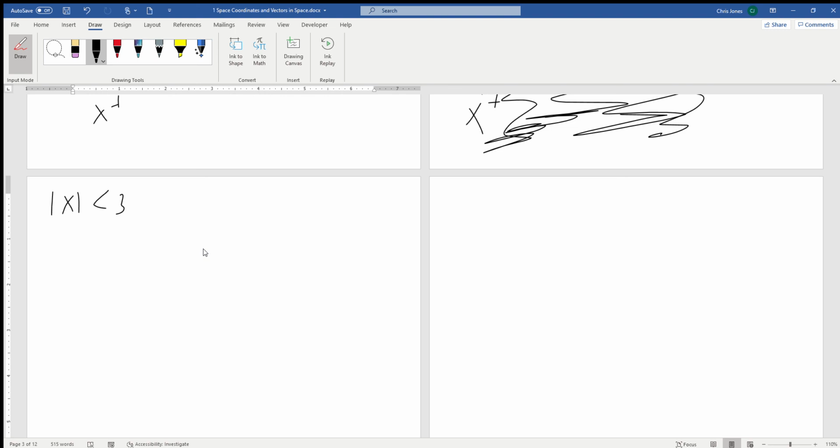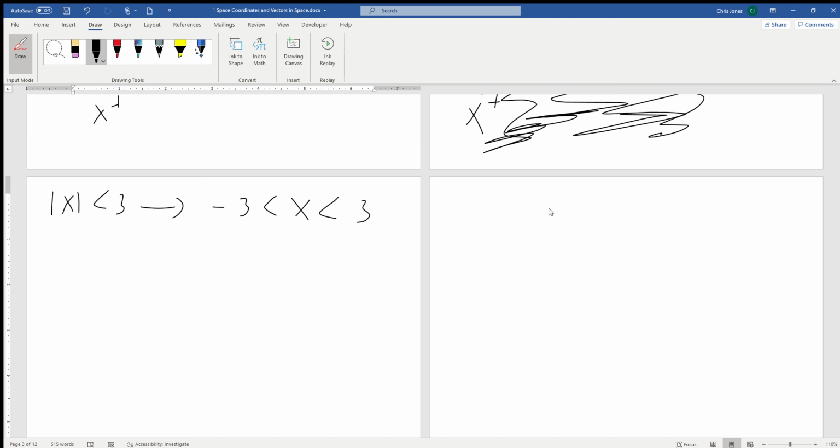Now, this means we have to be careful with this because this can be written as an inequality. So what this really means, if I was to remove the absolute value brackets, is that -3 is less than x, which is also less than 3. It's a compound inequality. Okay, you may remember that from pre-calculus.